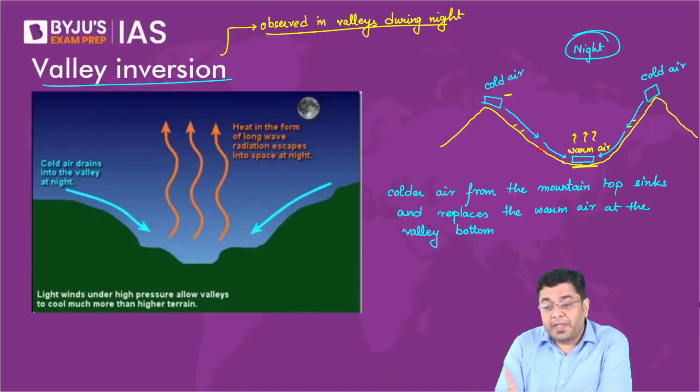And by the way, whenever you study this particular portion in the NCERT, it is mentioned incorrectly. A paragraph is skipped in the NCERT. So, please don't get misled by reading the NCERTs in this particular portion. So, here NCERT is incorrect.